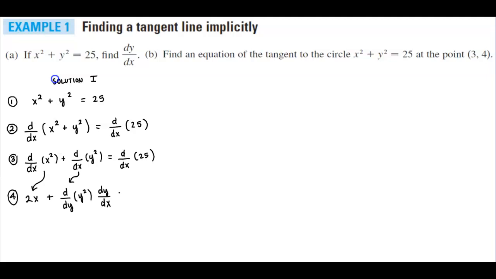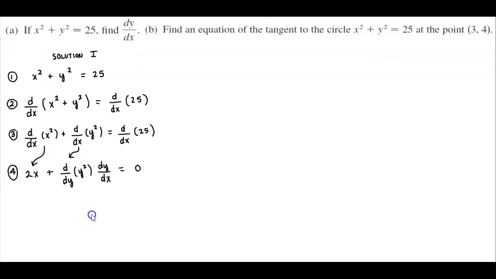And that's going to equal the derivative with respect to x of 25, which is a constant, which is 0. So now we have 2x plus, well, the derivative with respect to y of y squared is 2y, multiplied by dy over dx, and that's equal to 0.